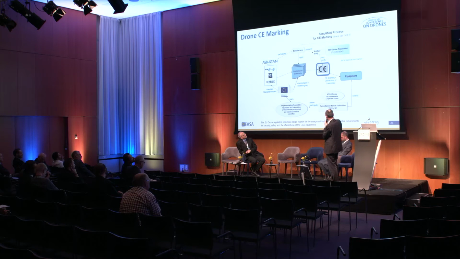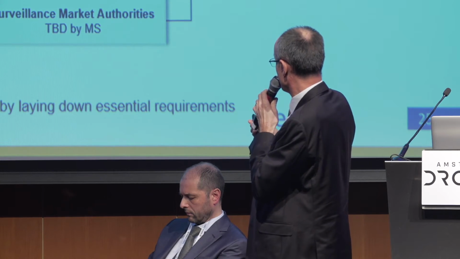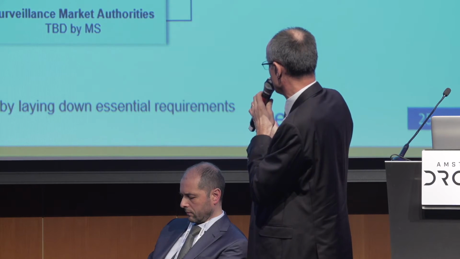Of course, the notified body, which has to be identified and get the credentials, will get them from the member state, and it will follow the regulation 945. Sorry. So you will have the CE marking and declaration of conformity, and the equipment will be on the market at that point.